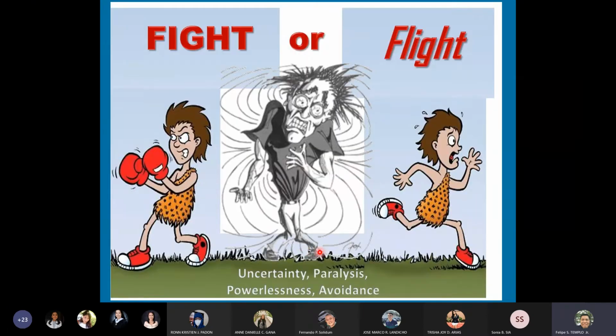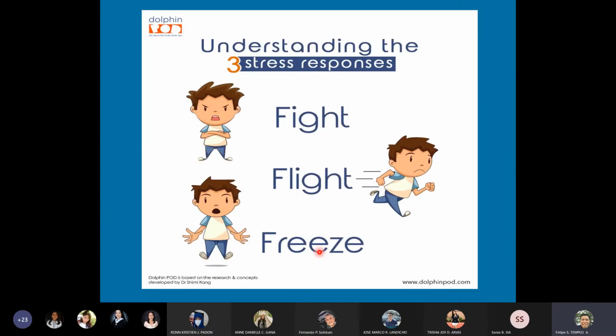So freeze: uncertainty, paralysis, powerlessness, avoidance. But again, all of this is maybe a more progressive slide, quote unquote. So fight, flight, or freeze, I believe this would still result in the release of high levels of catecholamines.